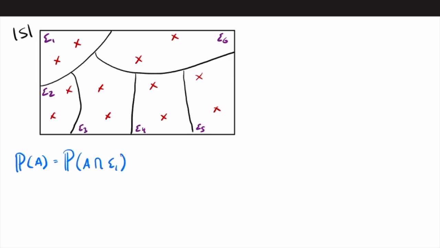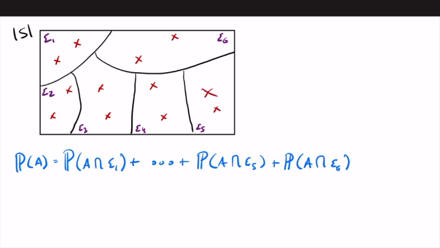Now we have 6 E's, so I'm going to do 2 more for a particular reason, plus the probability of A given E5 plus the probability of A given E6. Then real quick, I'm going to move this red outcome down to there.